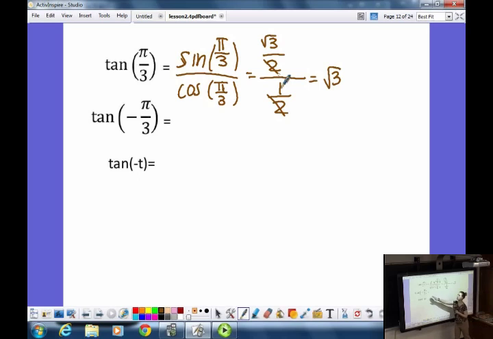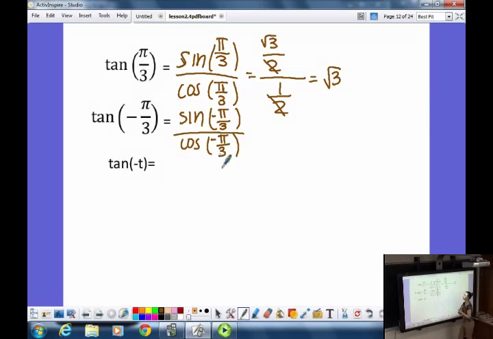So what is tangent of negative pi over 3? Let's use the same ratio identity. So we have sine of what? Negative pi over 3. And cosine of negative pi over 3.